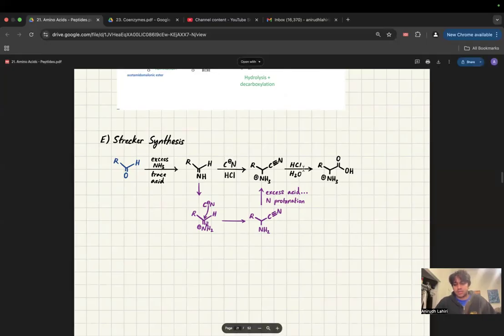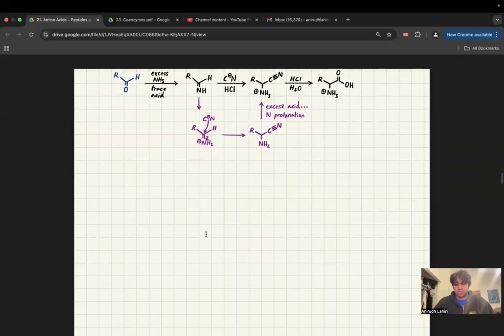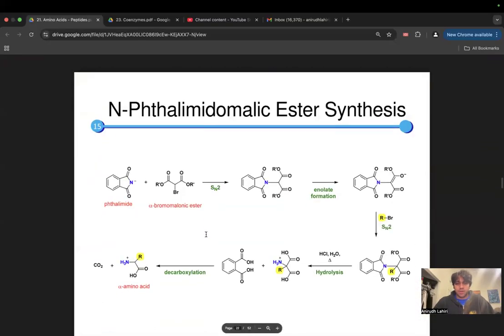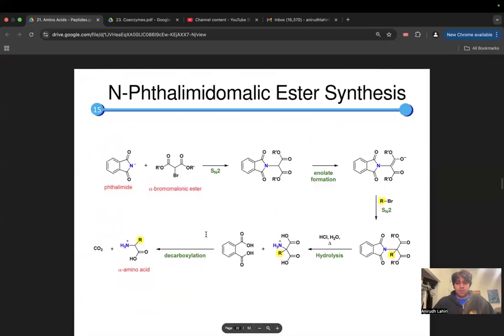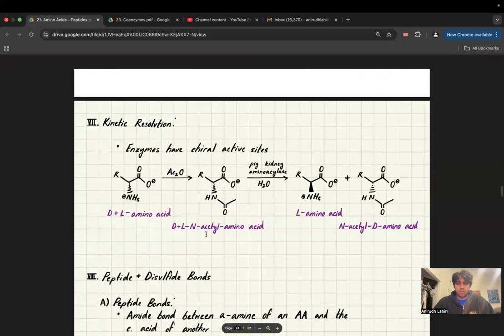We hydrolyze the CN into a carboxylic acid. All of these are mechanisms that you've seen before, so you might already remember them, or maybe you blurred 109B completely out of your mind. Either way, I think it's sufficient to just have a general understanding of what's going on in order to be a successful student in this course. Okay, cool. We just talked about those.